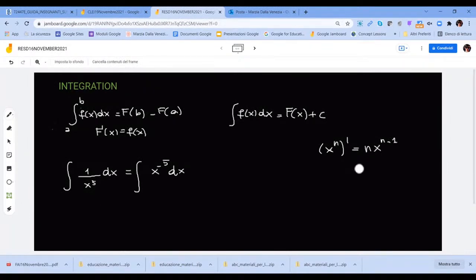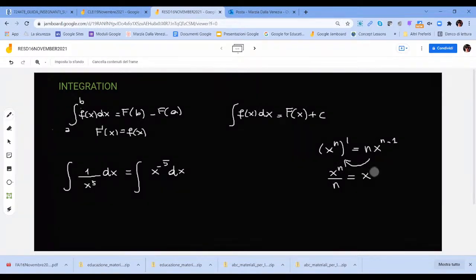So if we want to do the inverse operation and find a primitive of this function, we have to divide by n in order to obtain this n minus 1.